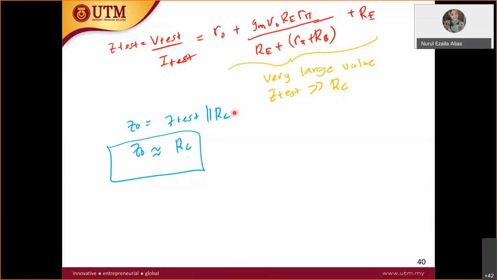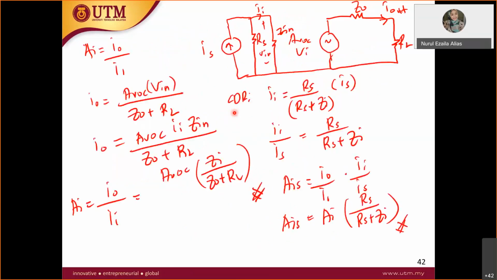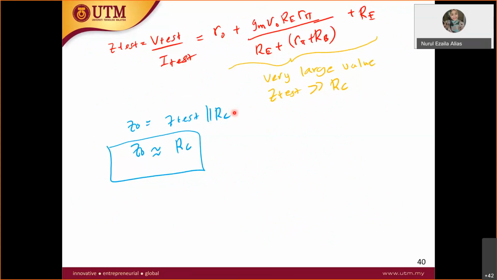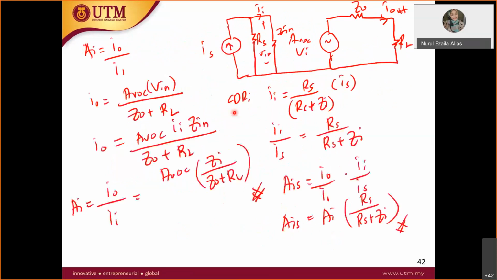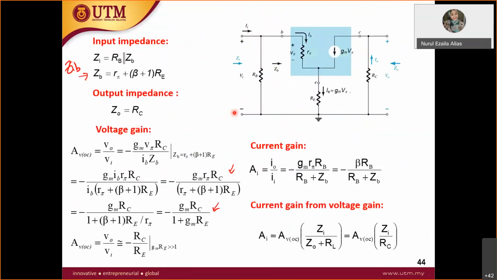I hope you understand it. But finally, don't derive the V test and I test. You can always say that Z naught is equivalent to RC. All right, so we've done this.